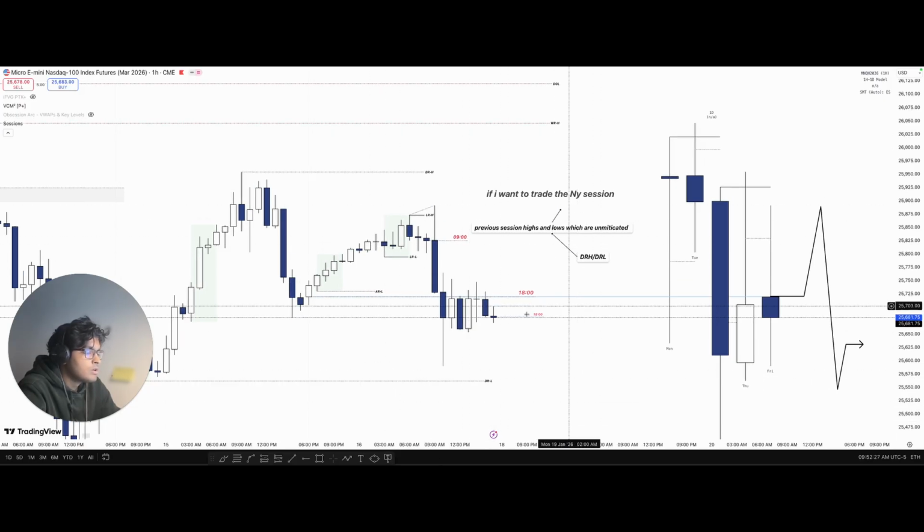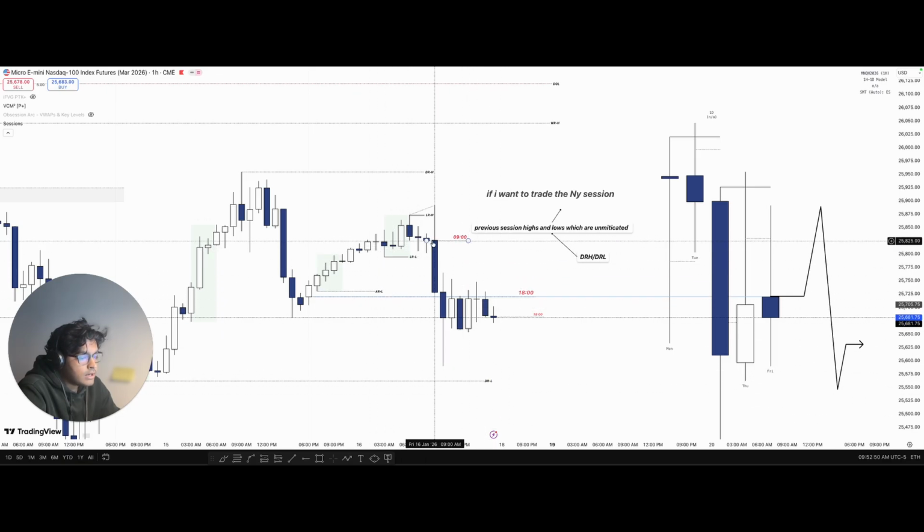If we want to trade, the first thing we need to set in our mind is which drawn liquidities are available to us and where the price might go. In this case we had all the unmitigated liquidity here.